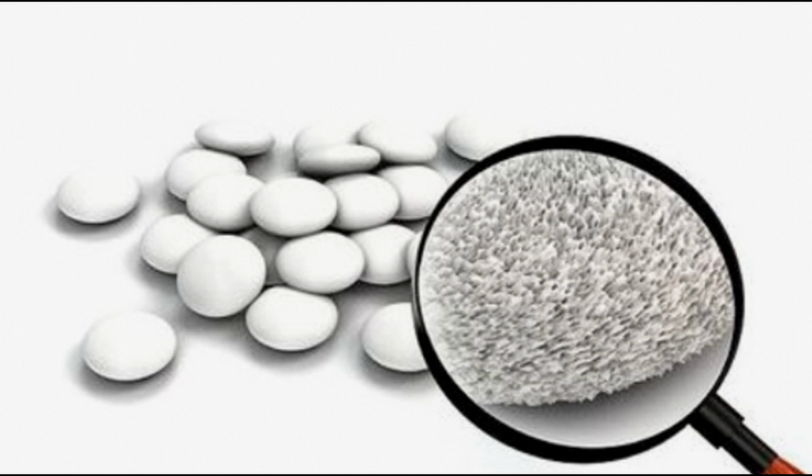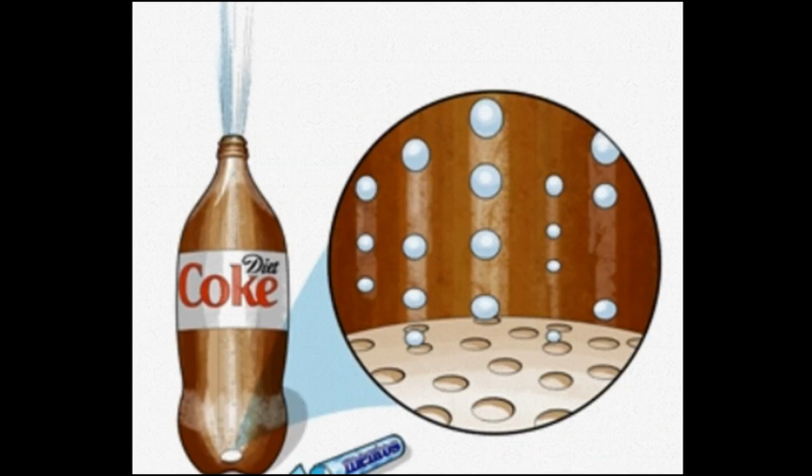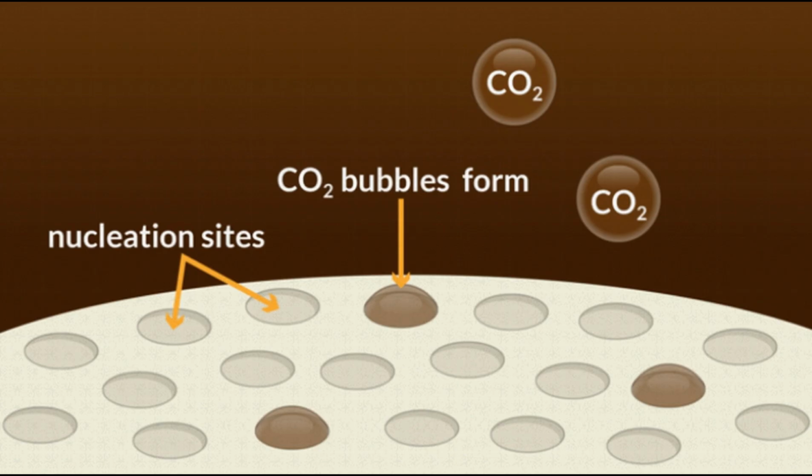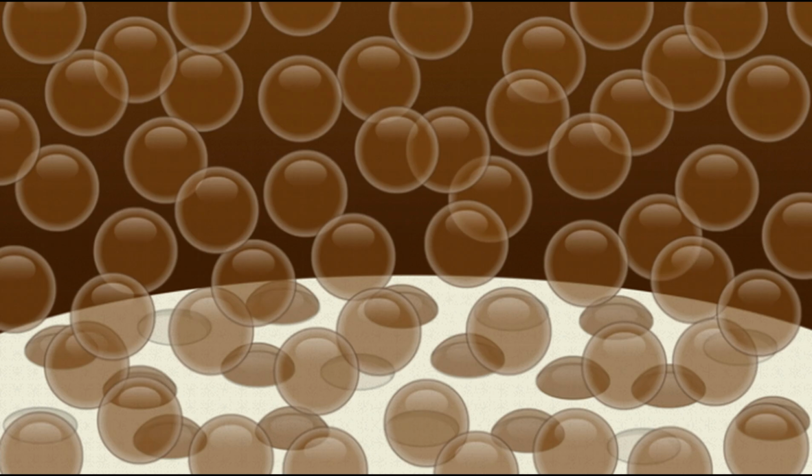And when they're dropped into the soda, there's a process called nucleation, where the gas in the soda is able to collect around the edges of the ridges and the pores, and they form bubbles of carbon dioxide.